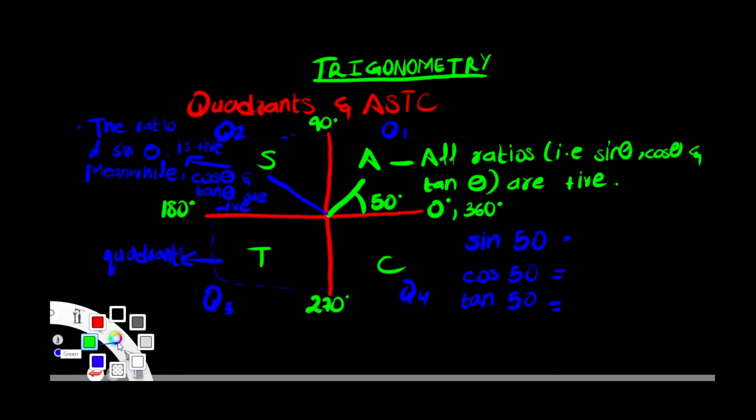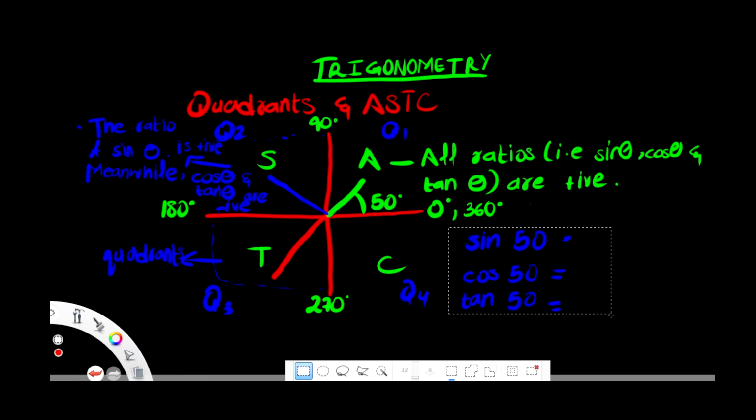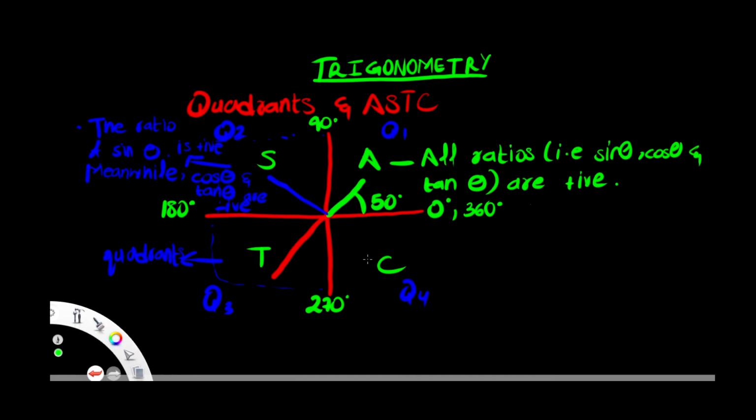So let's move on to the third quadrant. Let's say I have some angle between 180 and 270, for example 200. If I calculate cos 200 or sine 200 or tan 200, what am I going to get? Let's claim that for any angle between 180 and 270 degrees, if we are applying the ratio of tan, we must get a positive answer.